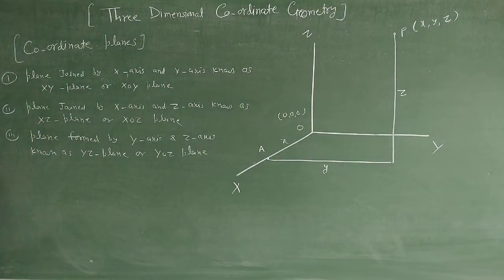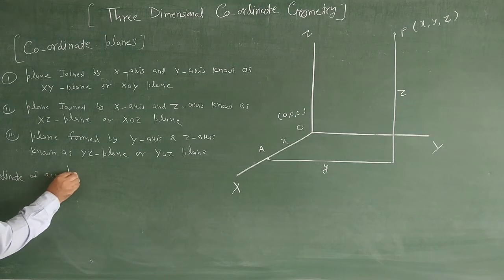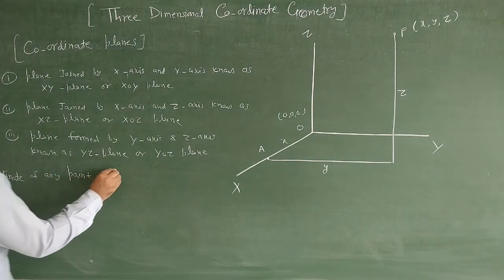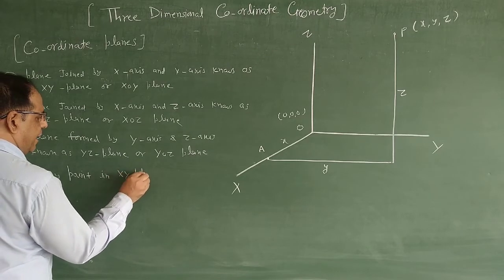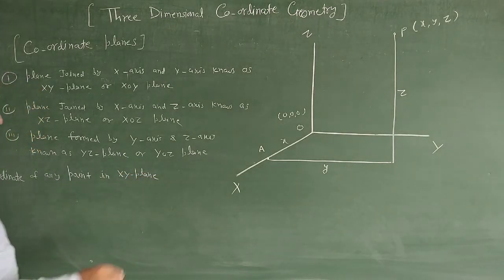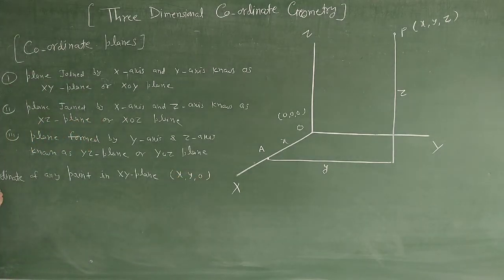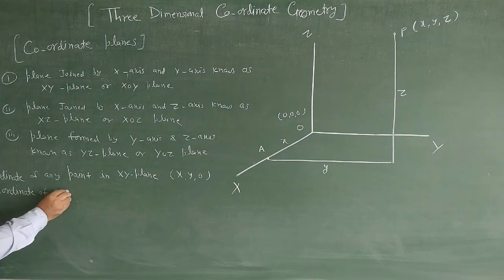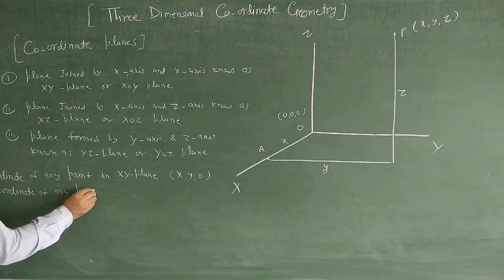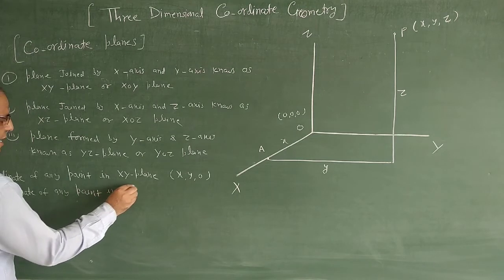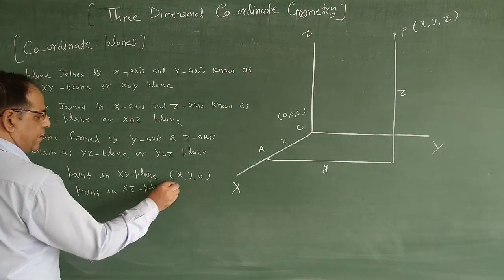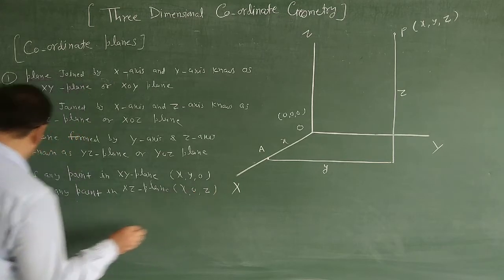Coordinates of any point in the xy plane: suppose that we want to select a point in the xy plane, it will be x comma y comma 0. Coordinates of any point in the xz plane, x comma 0 comma z.